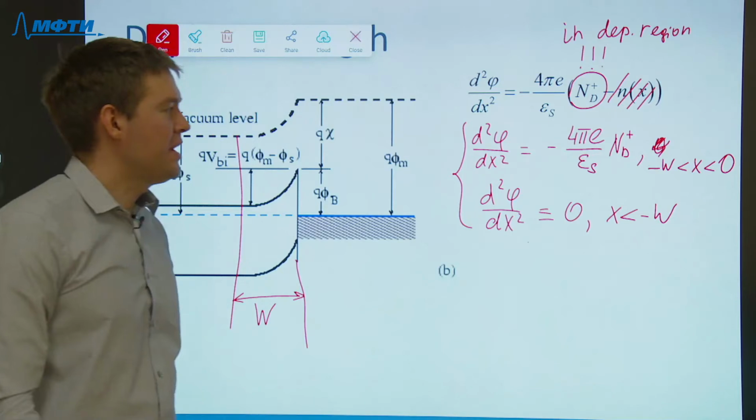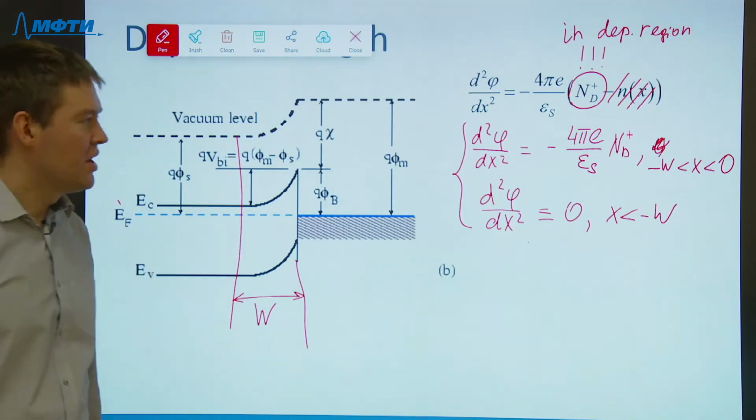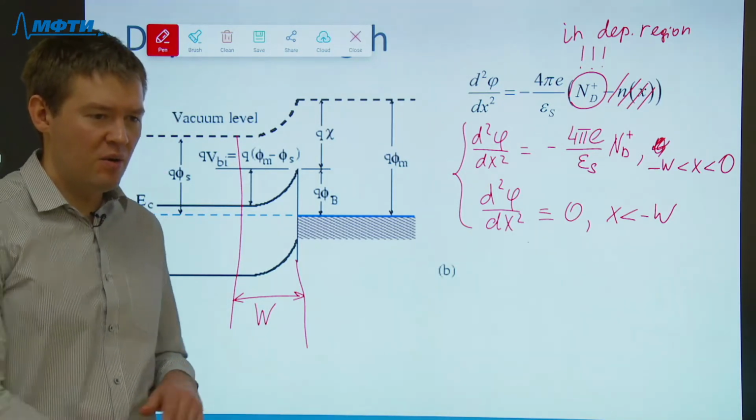Well, that could be quite a good approximation.